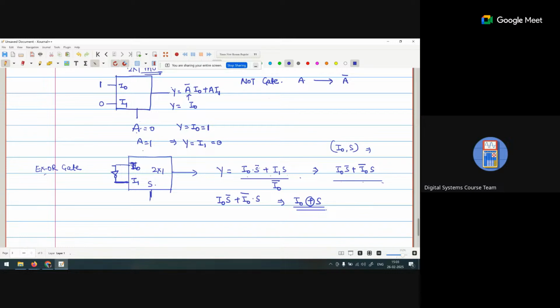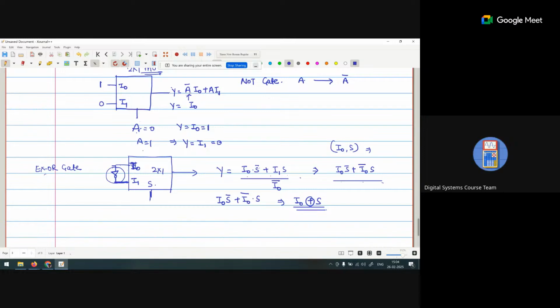Now, if it is mentioned that we don't have any gate, we have to implement this XOR gate using only the 2 cross 1 mux. So we require one inverter, which means we need one more mux.